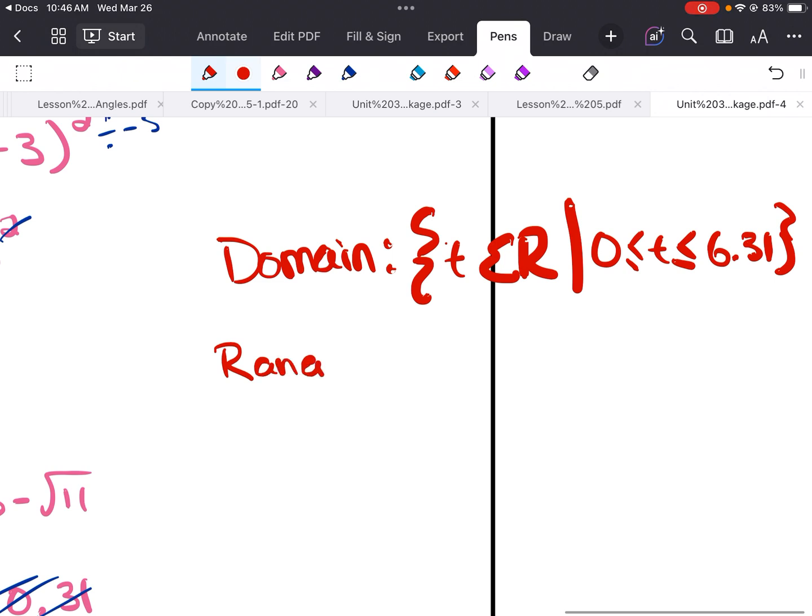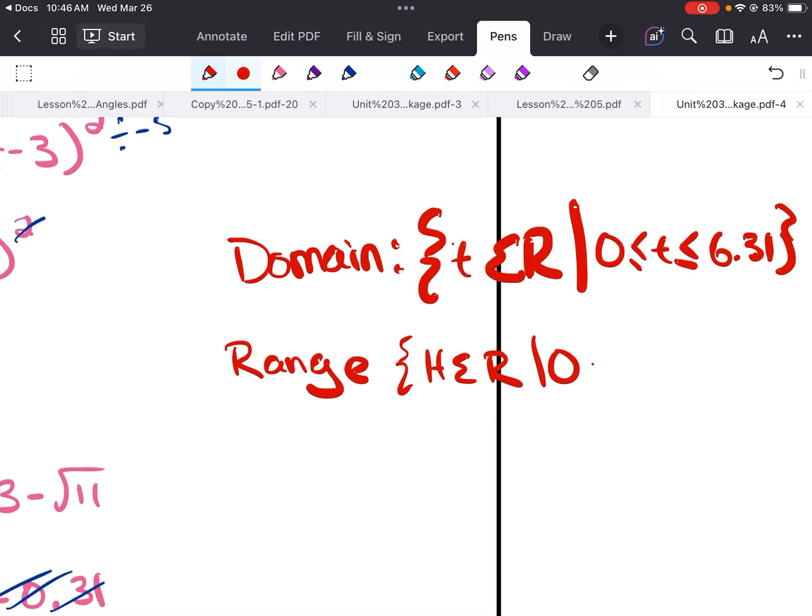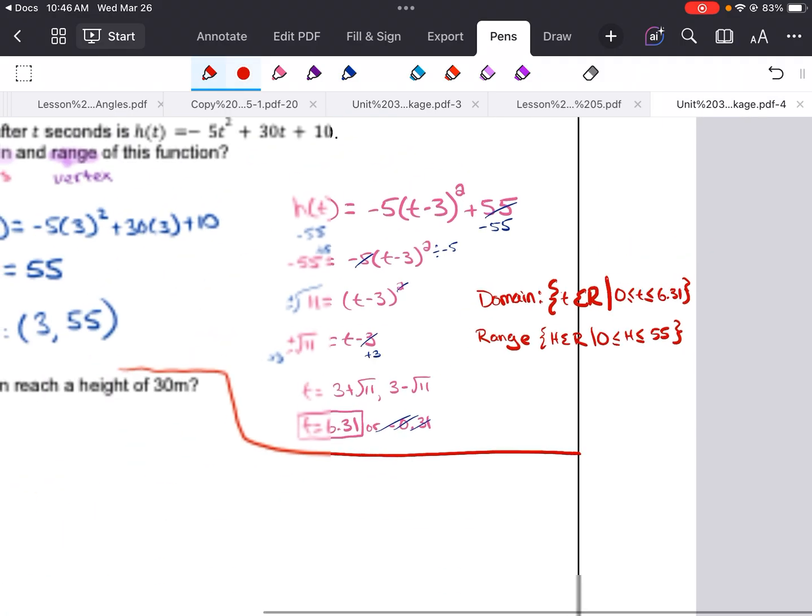The range is height, and we found that the height can be between 0 on the ground and the maximum of 55. Great.